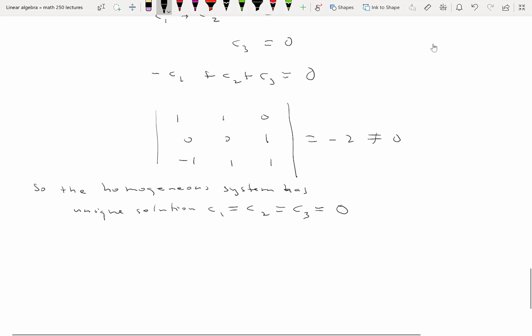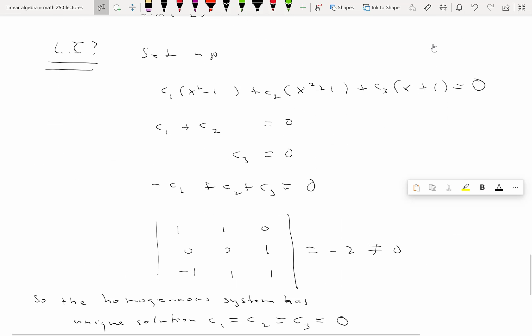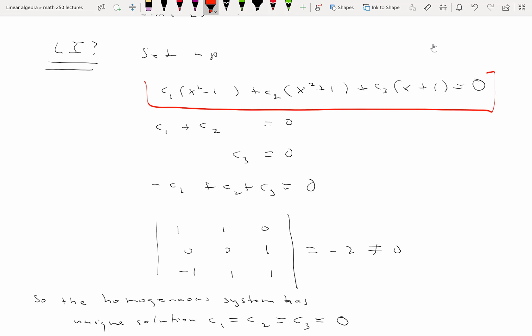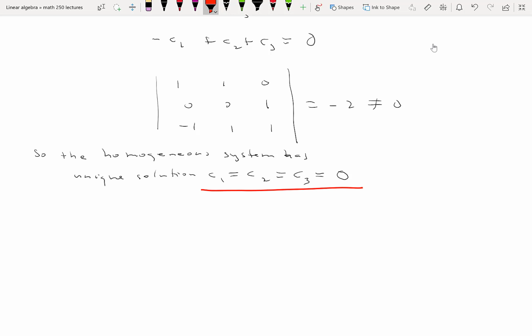We've shown that if we set up the vector equation for determining linear independence, the only possible constants are C1, C2, and C3 equaling 0. That's linear independence.